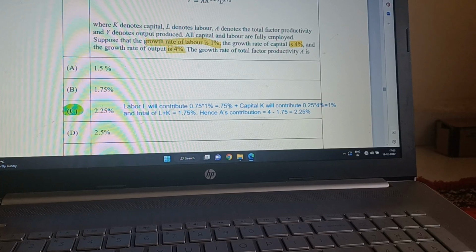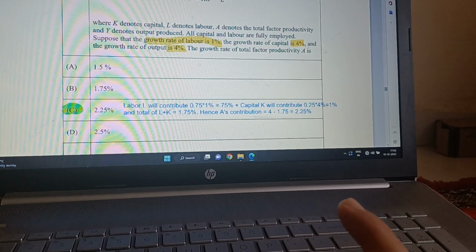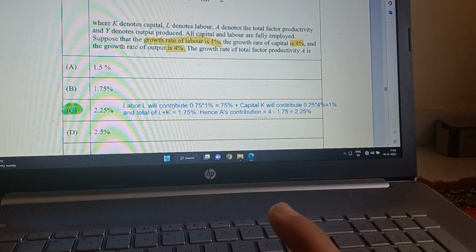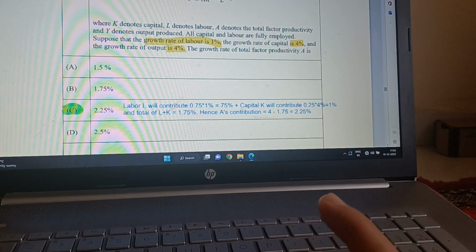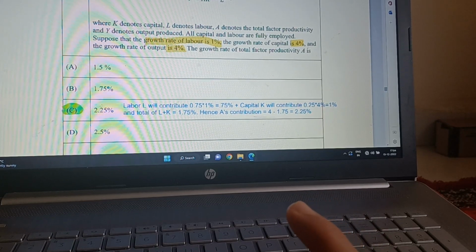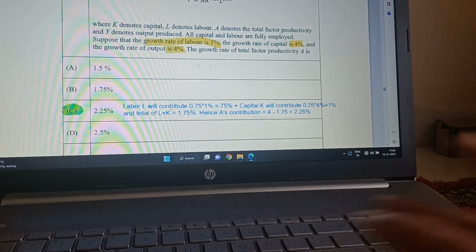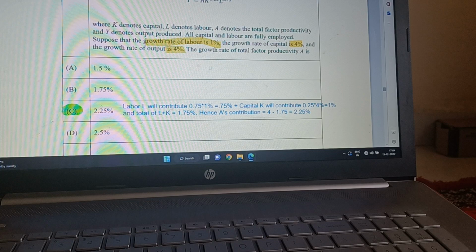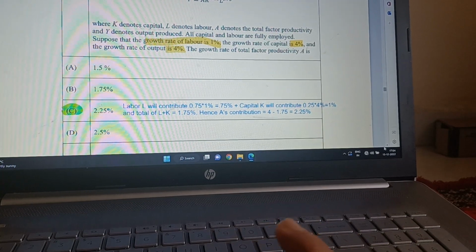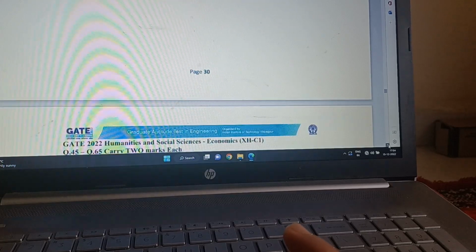Thus the total contribution of capital and labor is 1% plus 0.75%, which is equal to 1.75%. But output has gone up by 4%. Hence, the remaining 2.25%, which is 4 minus 1.75%, is the contribution of A. This is how growth accounting is done, and that concludes our answer to this part.